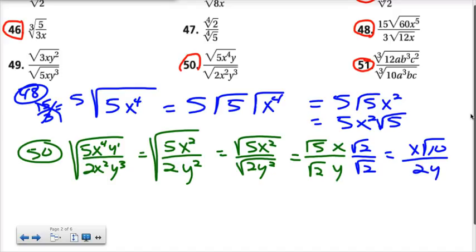Once again, we should stop and consider whether or not we need any absolute value bars. And in number 50, as you look at this, you realize the x's were always supposed to be positive because both of those were raised to an even power. That means that they always would come out positive. So no matter what, we should be able to get an x that's a positive value.